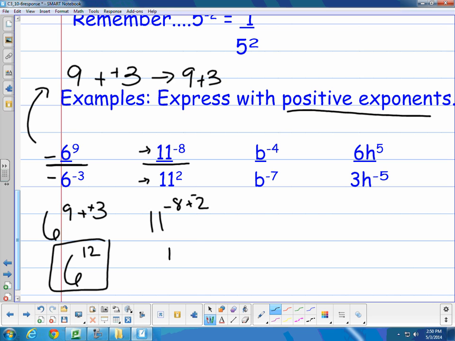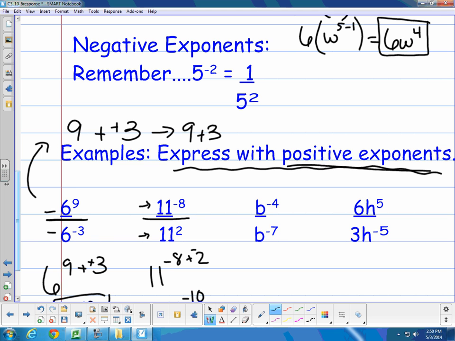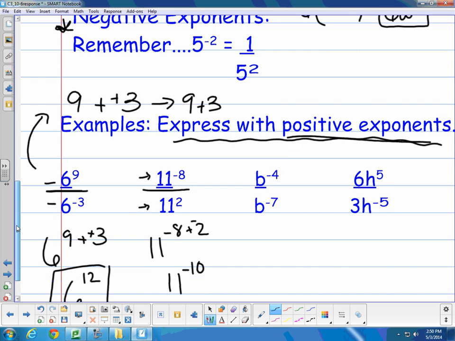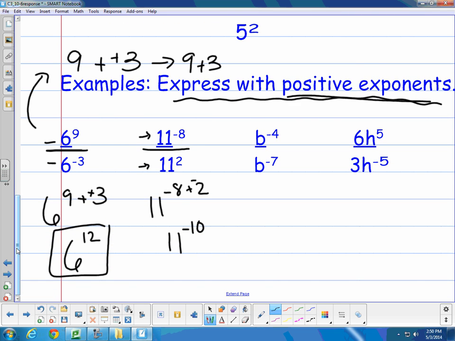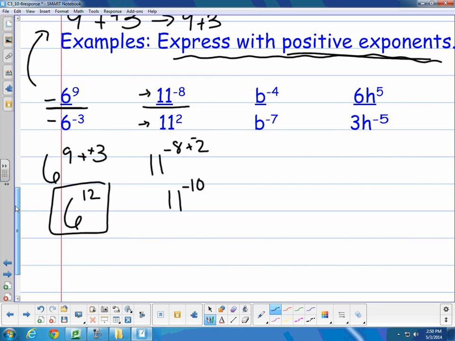And I see that that is 11 to the negative 10th. I'm not going to leave my answer like that because the directions tell me to express it with a positive exponent. So I need to go back and remember my rule about the multiplicative inverse of a negative exponent, and write this as the same as 1 over 11 to the positive 10th power.